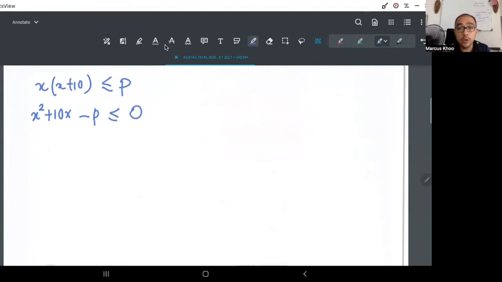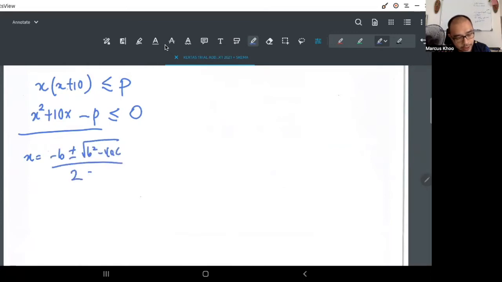So when you find the range, you can't really do much about this, but what you can do is use b squared minus 4ac, you can find the roots: X equals negative b plus minus square root of b squared minus 4ac over 2a. Substitute 1, 10 and negative P. Okay, and you will get these two values.